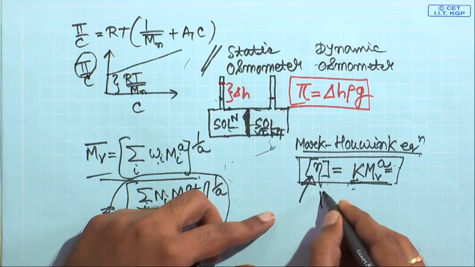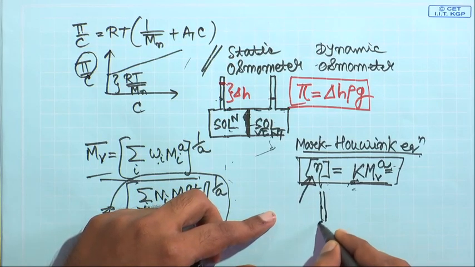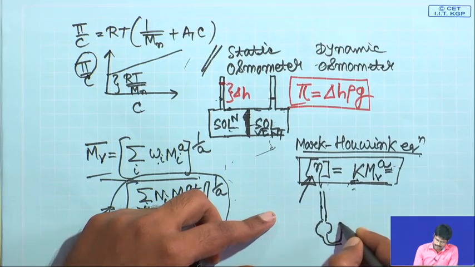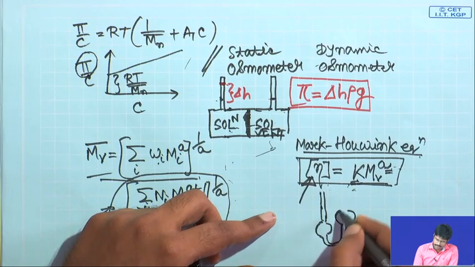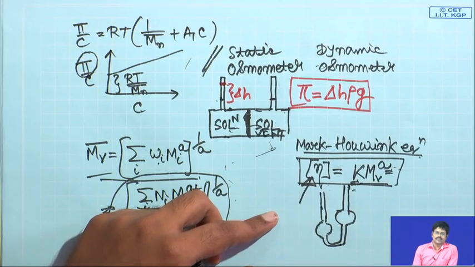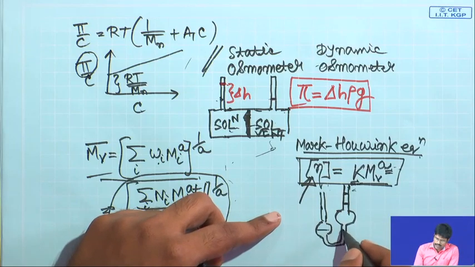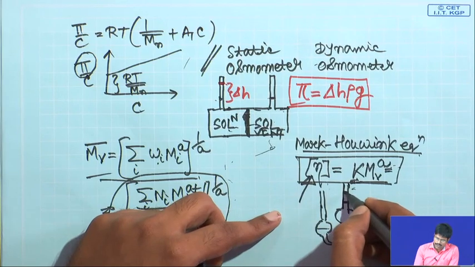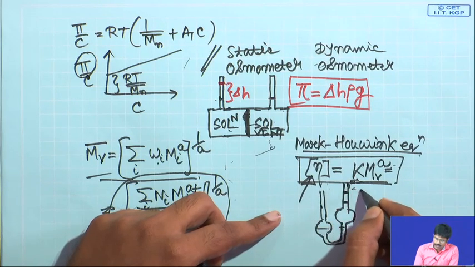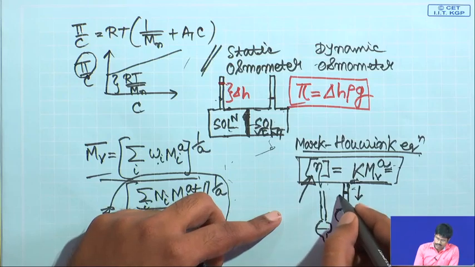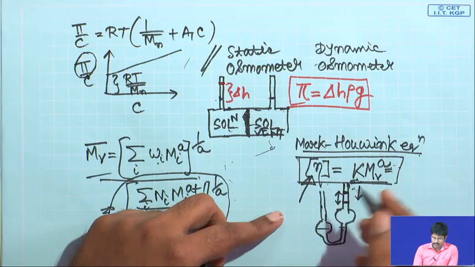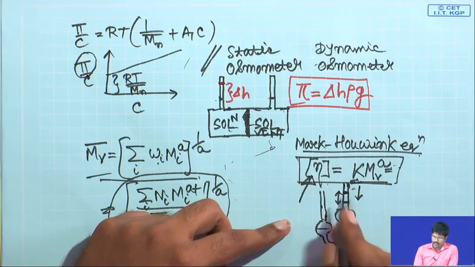In the Ostwald viscometer, again not to scale, you have something like this, and there you have two lines. You take a liquid here and pull the liquid up beyond this line, allow the liquid to come down, and the time it takes to pass between these two lines you record, either by visual inspection or by some other means.